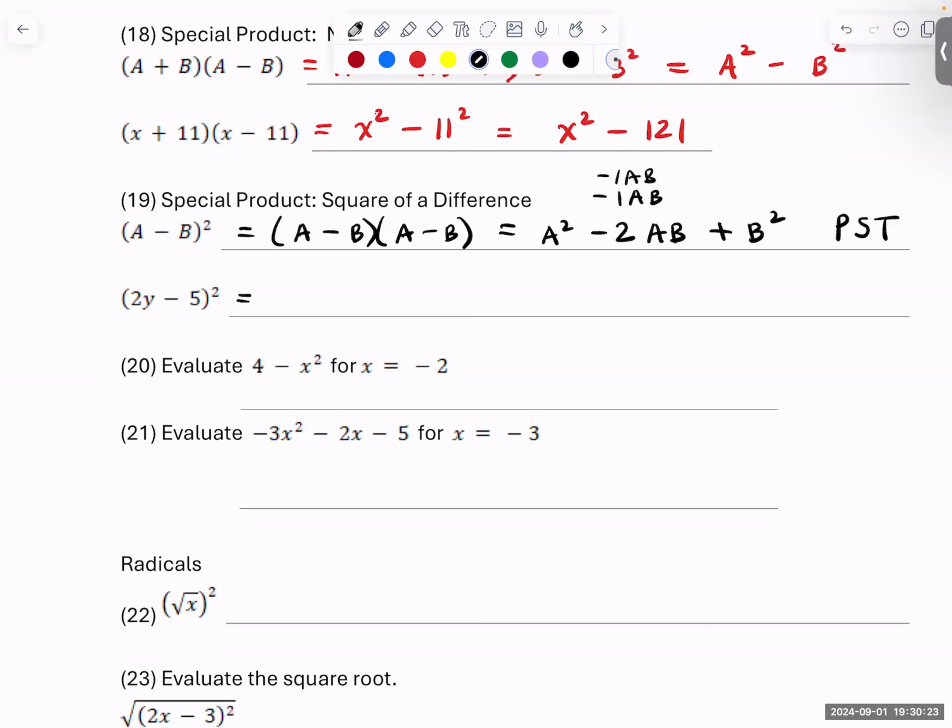So using the formula, we have 2y quantity squared, minus 2 times A, which is 2 times y, times B, which is 5, plus 5 squared. So this equals 4y squared minus 20y plus 25.